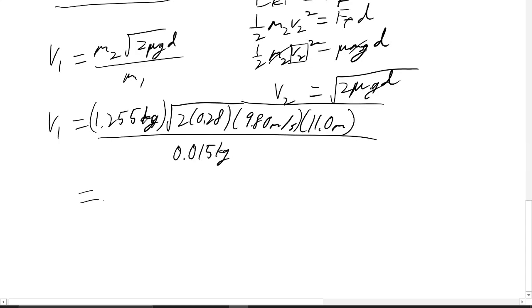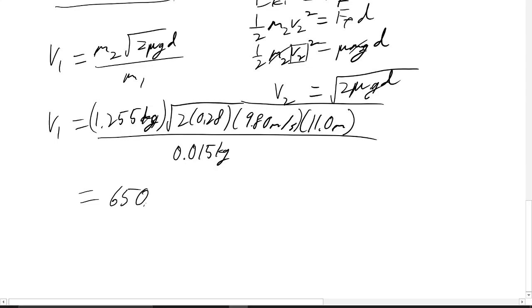Now put that in the calculator. 2 times 0.28 times 9.8 times 11 square root. You should get 7.77, then times 1.255, and then divide by 0.015.